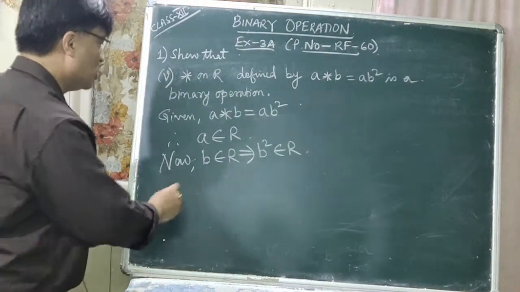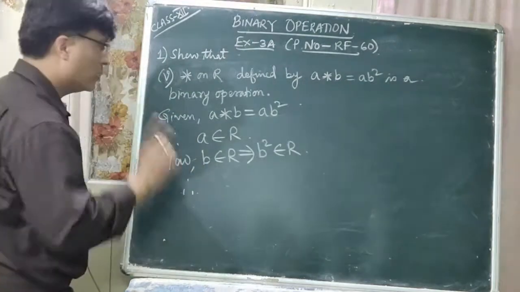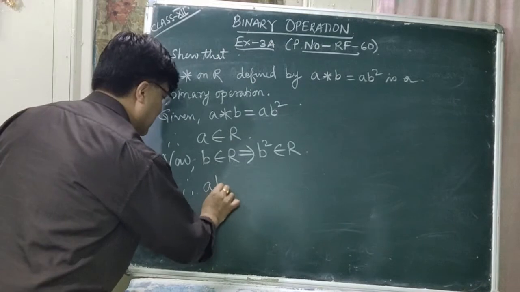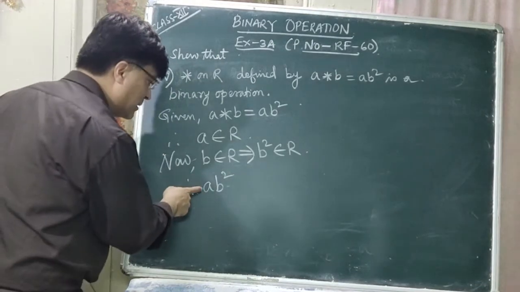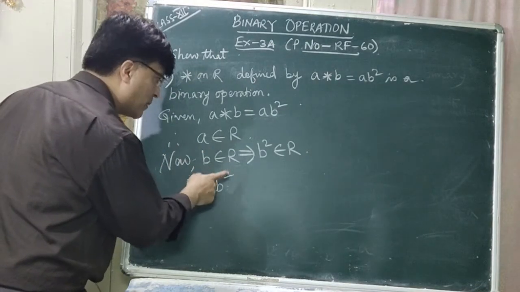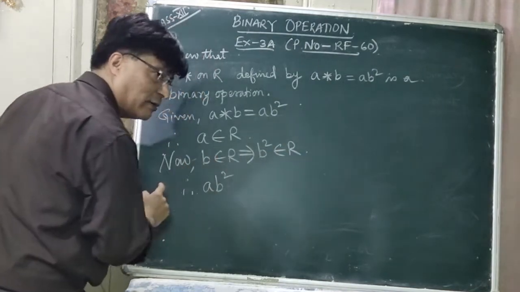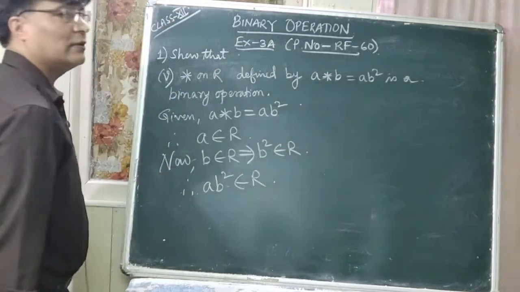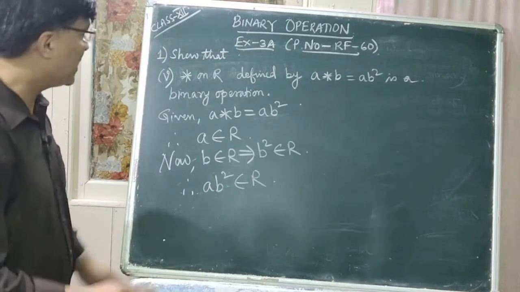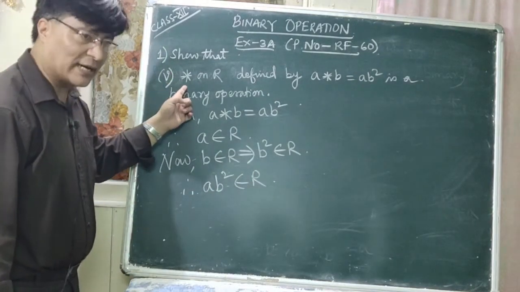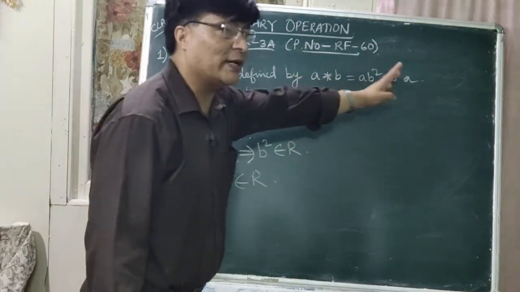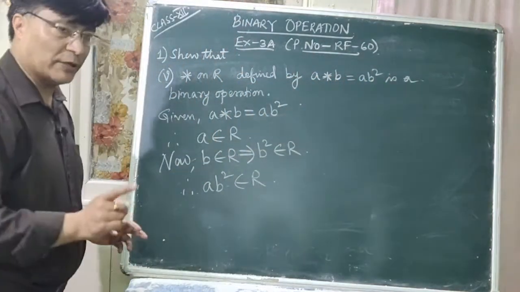Is that clear? So A into B square, that is AB square, also belongs to the real numbers. So hence star defined by A star B is equal to AB square is a binary operation.